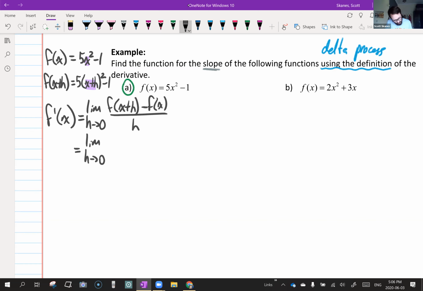I'm going to put in f of x plus h. This is f of x plus h. This is f of x.